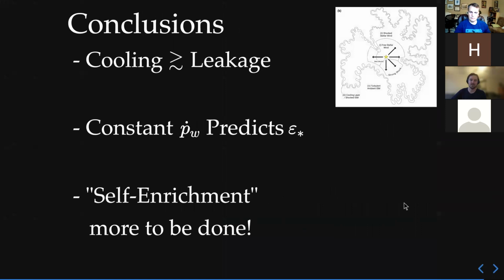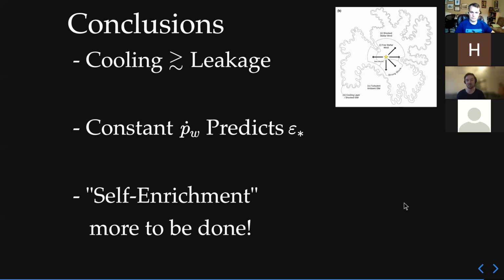So to conclude and summarize this more recent work: when you're considering energy losses from winds, both cooling and leakage are important in these more realistic simulations for removing energy, but cooling tends to be dominant at early times, and over most of the timescales over which star formation occurs. So cooling seems to be the dominant mechanism for how energy is lost over the star formation period.